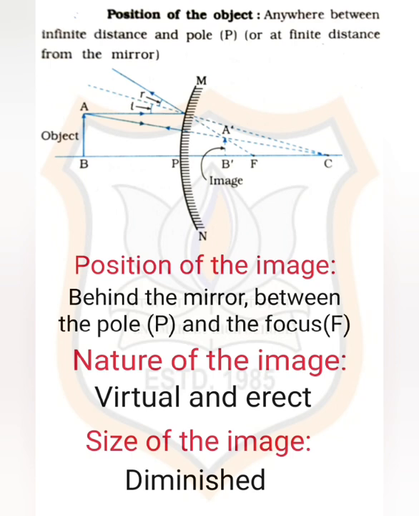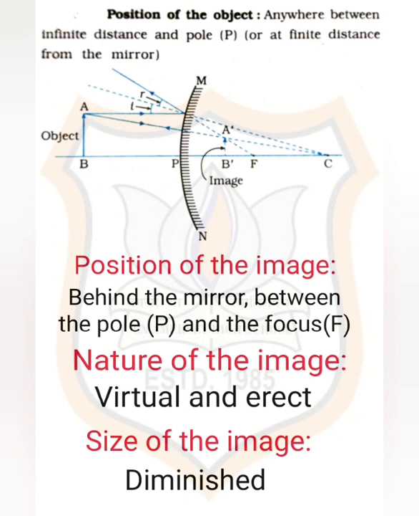Now last case, when the object is placed anywhere between infinite distance and the pole P, or we can say at any finite distance from the mirror. Let us observe the diagram carefully. Here AB is an object which is placed between infinite distance and pole P. Rays are coming from AB and striking on the reflecting part of convex mirror, that is the curvature part MN, and after reflection we can observe that image is formed at A dash B dash, because here the rays appear to meet.